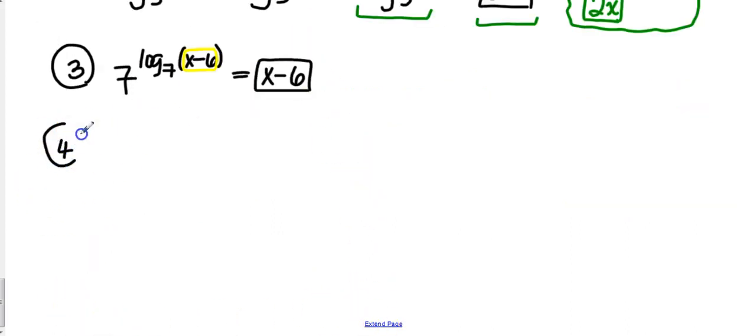Number 4 says log base 20 of 8,000. I'll make sure it doesn't look like a decimal point. So let me rewrite that. Log base 20 of 8,000 to the 2x.